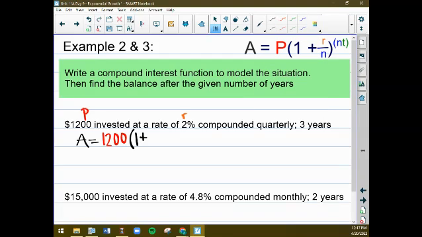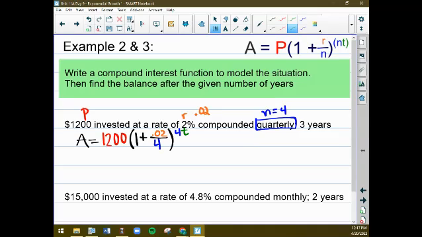And then I've got 1 plus, and then that rate as a decimal. So if this is my r, that means 0.02 would be my decimal. Okay, and then divide that by n, which is the number of times it's compounded. So if it's compounded quarterly, that means n equals 4. And then I've got n also in the exponent, and then I'm plugging in t for time.